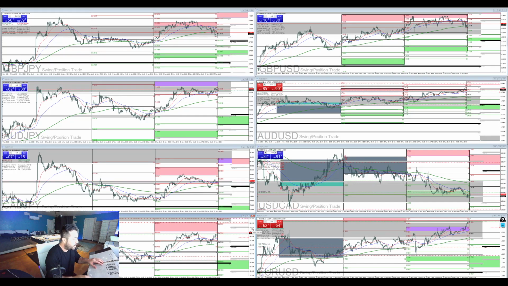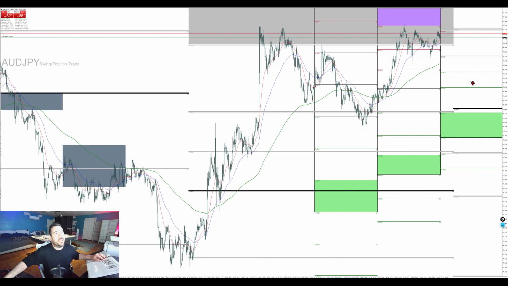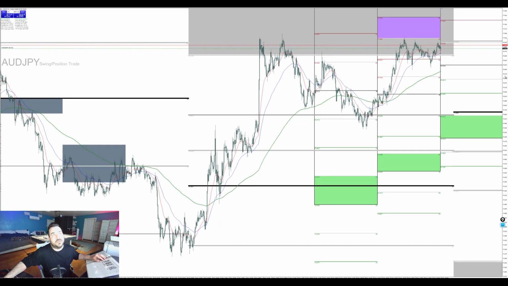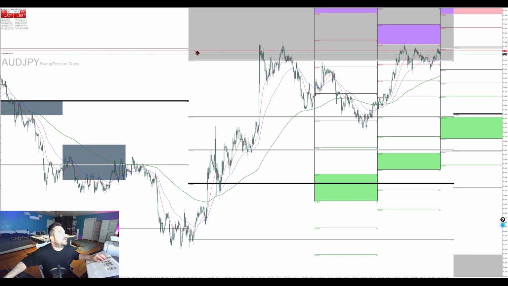Up next is the one that we just entered, 5543 is the order number on the Australian Yen for a short. Same deal, we're going to mark our, and I believe it's right here. If we grab it, we'll place our stop.